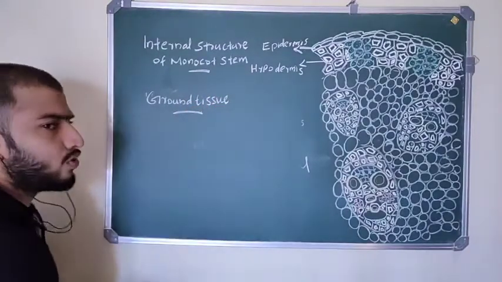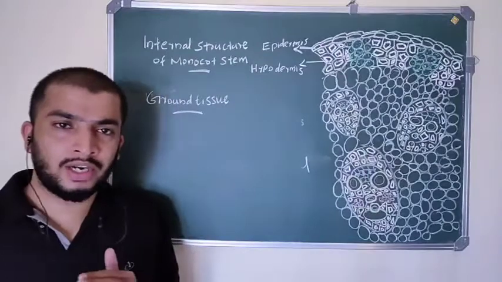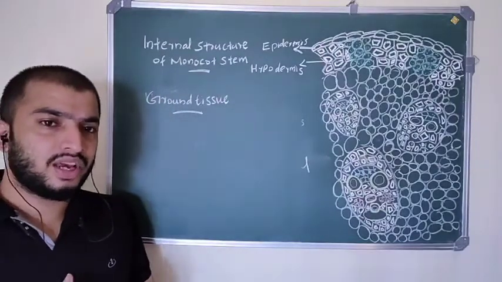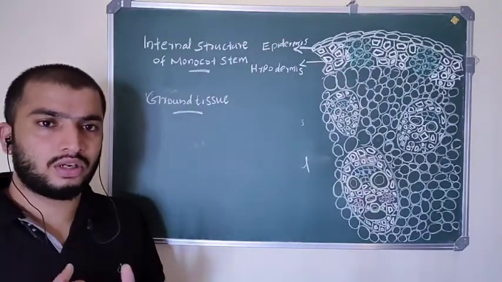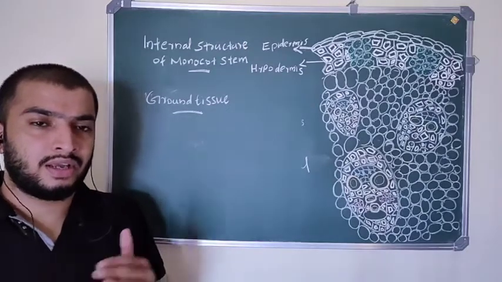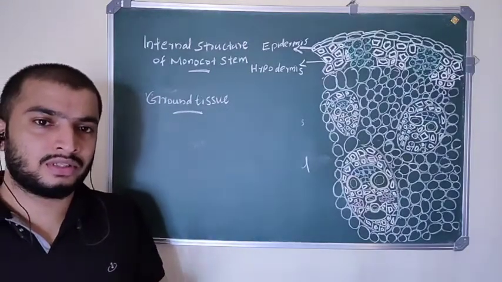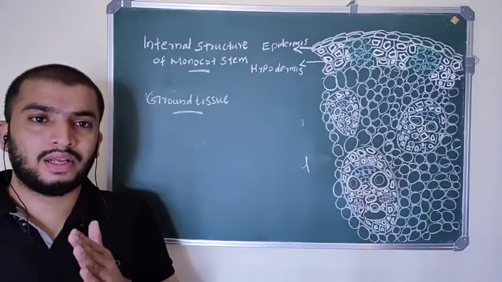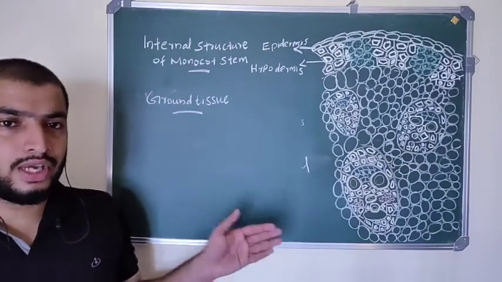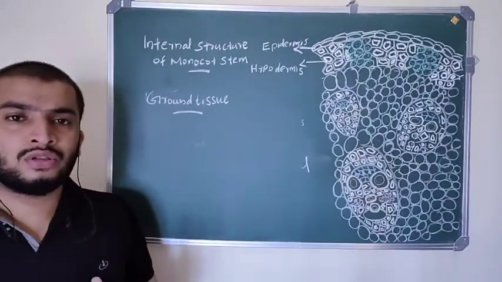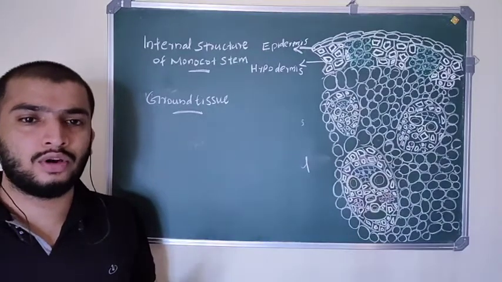below the hypodermis, this area is called ground tissue. In the dicot stem we studied that below the epidermis you can see the cortex, then after the cortex endodermis, pericycle, then vascular bundle, like that. Here the ground tissue is not divided into cortex or endodermis like that.